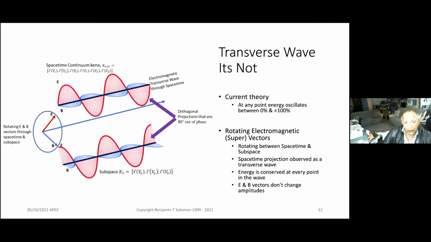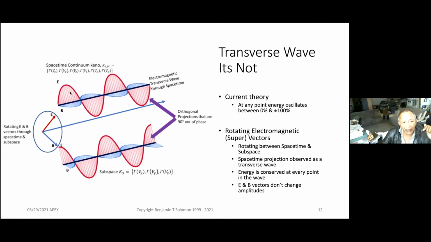Okay, so the solution to the oscillation of 0 to plus or minus 100% of the electric and magnetic field energy is that the electric and magnetic field vectors are like a super vector that rotates between space-time and subspace. And therefore, what we see in space-time is a projection of this rotation between space-time and subspace.